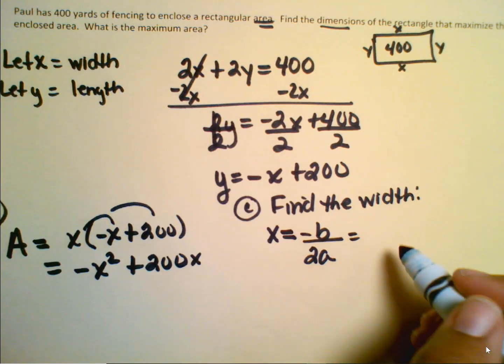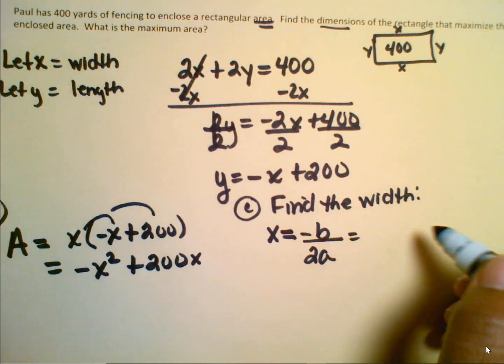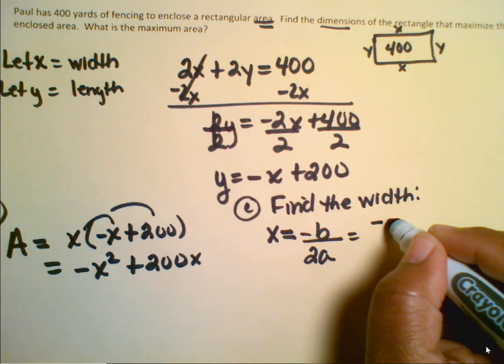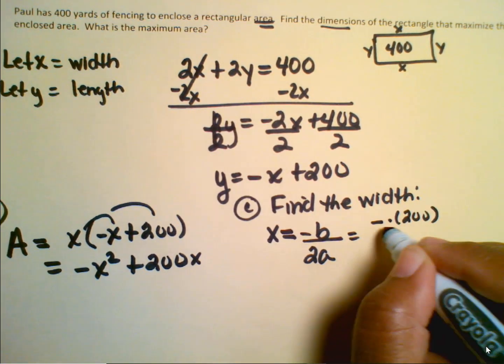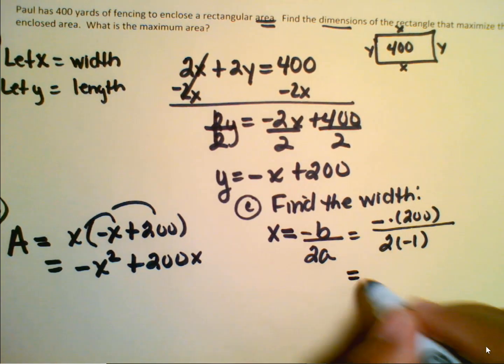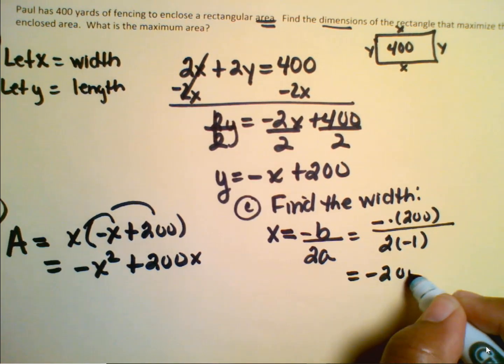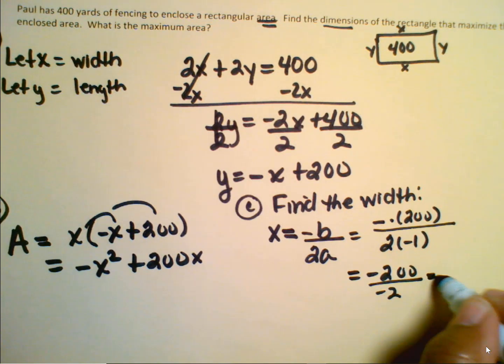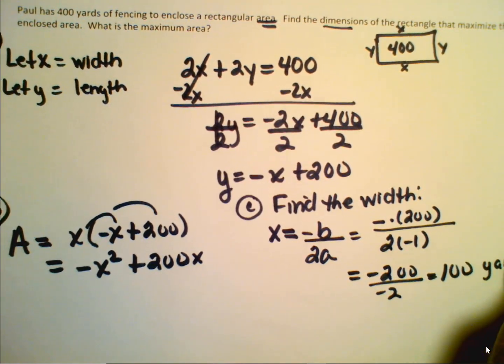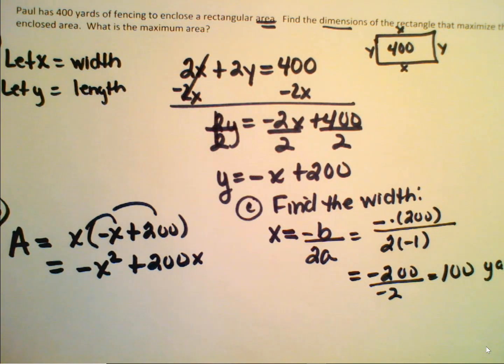I just realized that. So we have b, which is going to be 200. So negative times 200 all over 2 times negative 1. We have negative 200 over negative 2, which gives us 100 yards. So that is the width.